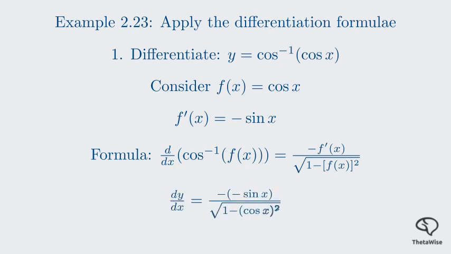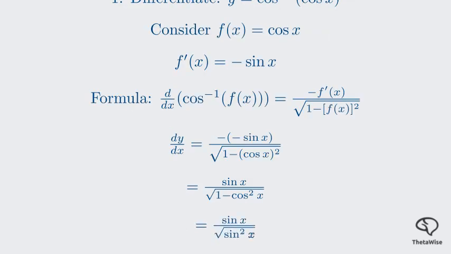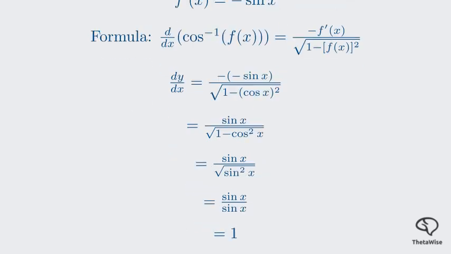Plugging in our values, we get negative sin x in the numerator, and in the denominator, we have the square root of 1 minus cos squared of x. This simplifies to sin x over the square root of sin squared of x, which is sin x over sin x. The result is 1. This confirms our intuition. The simplification was valid, and we got 1.